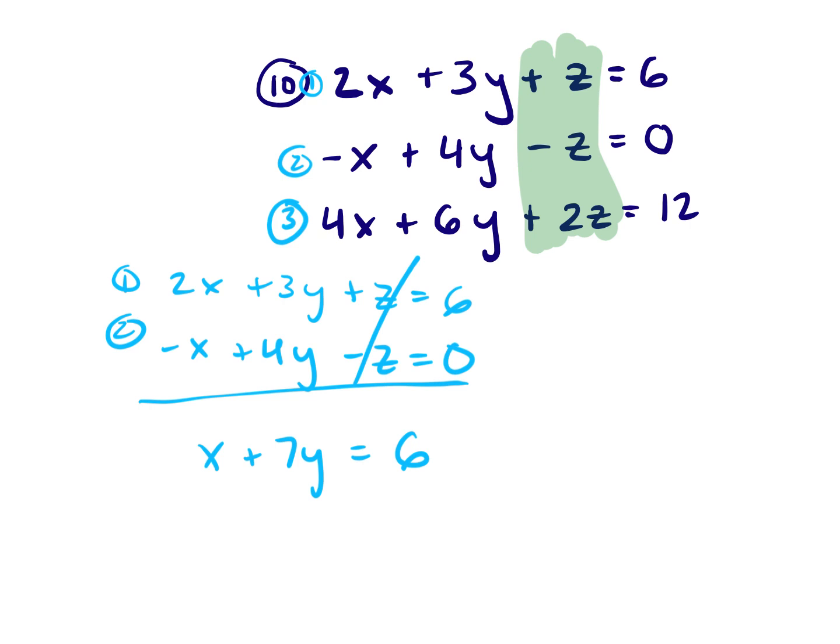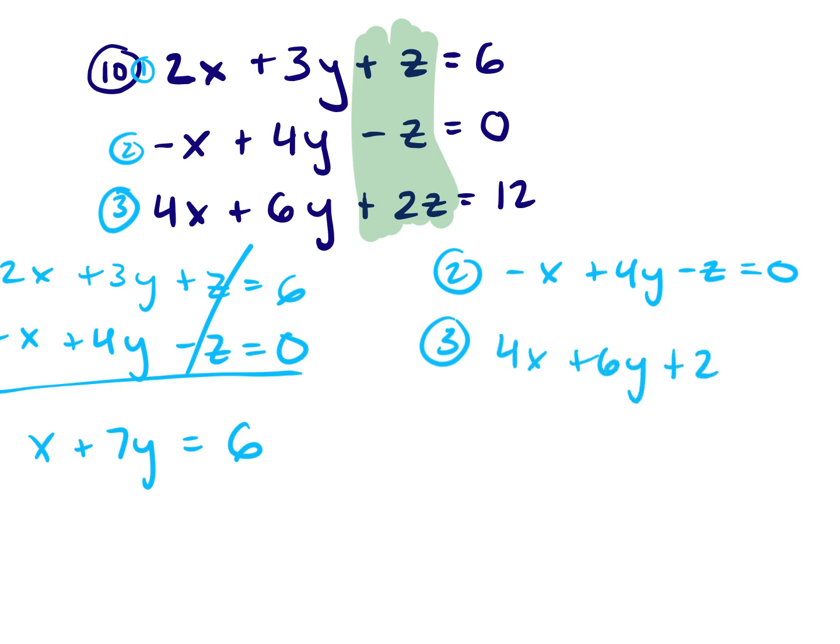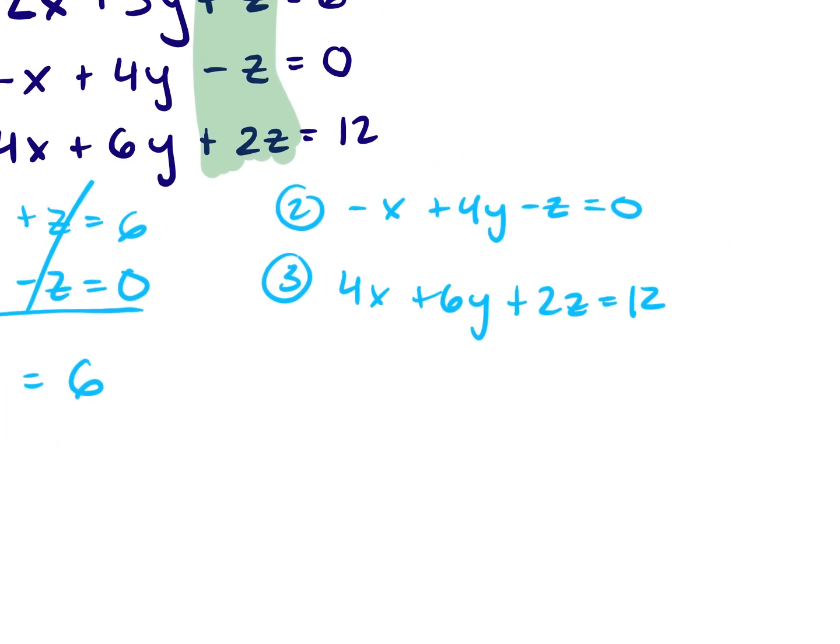We can do 2 and 3. So we have negative x plus 4y minus z is equal to 0, and 4x plus 6y plus 2z is equal to 12. Do the z's cancel? No. So what do we need to do to get the z's to cancel? Multiply the top one by 2.